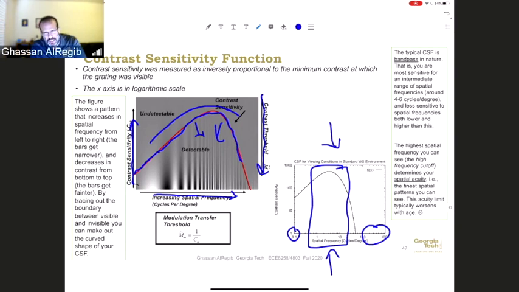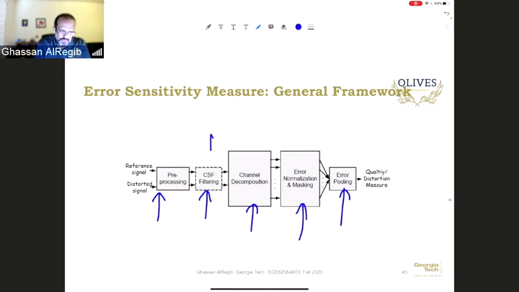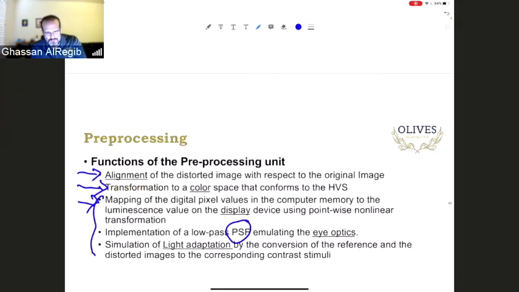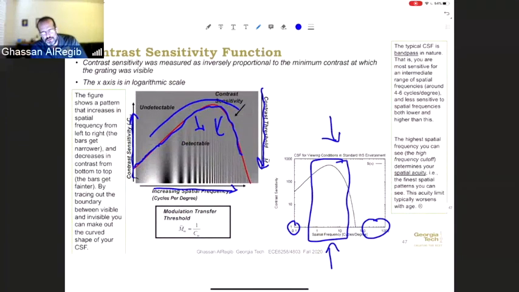So this is really the second block in the diagram that we have here, which is the contrast. If you know this information, you have a decomposition algorithm or a transform of the spatial frequency in your signal, then with the CSF curve in here, you know where to emphasize in terms of the content.